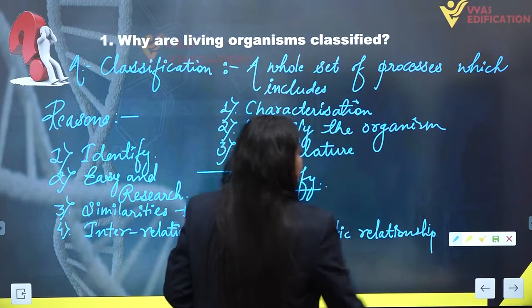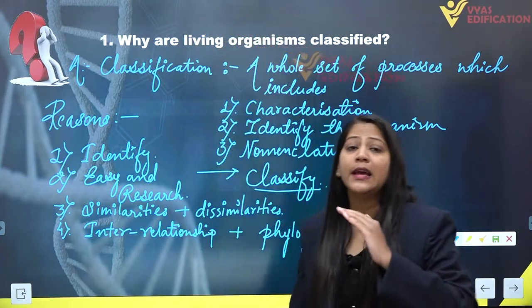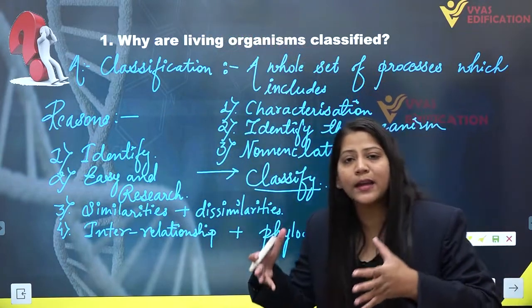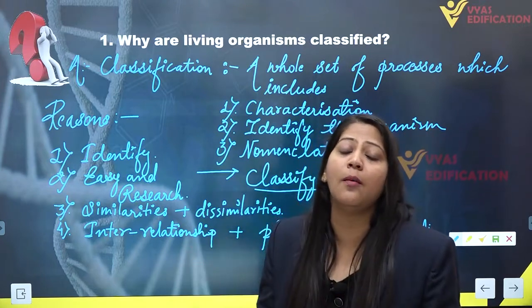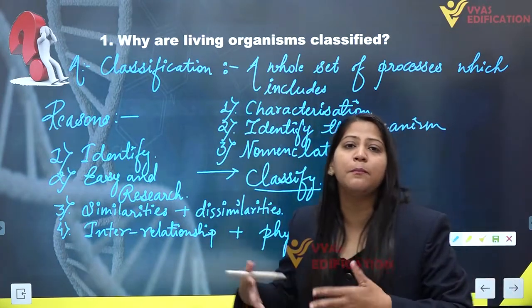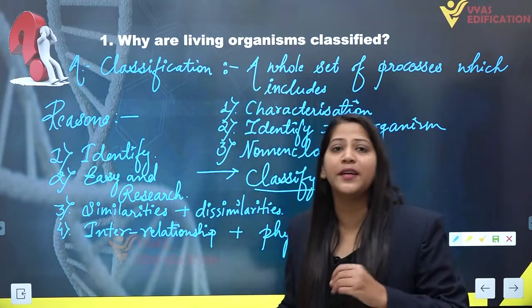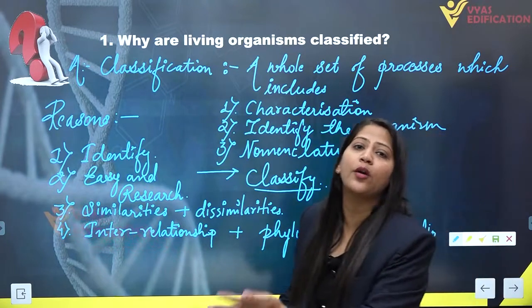Next thing is, with the help of classification, we get to know how a complex organism has evolved from a simple organism. Basically, classification helps us to understand the evolutionary process.